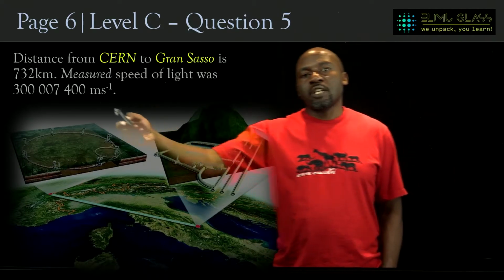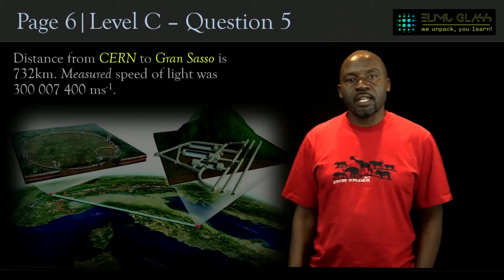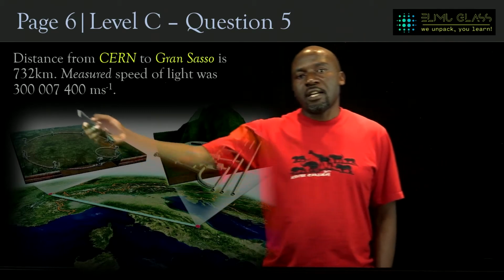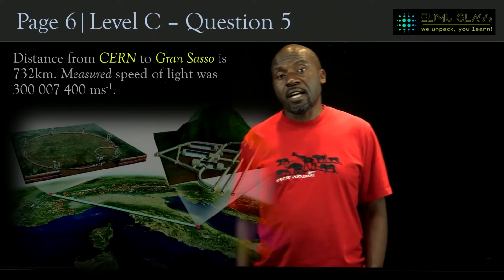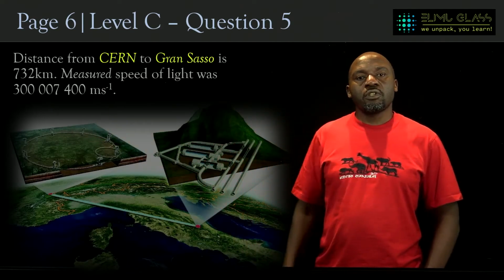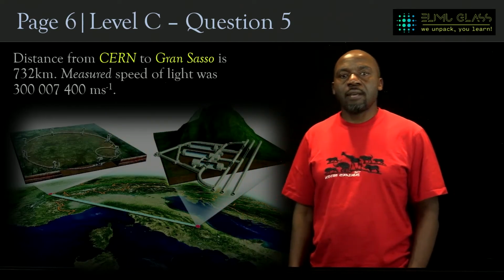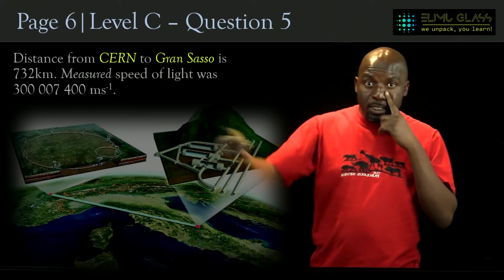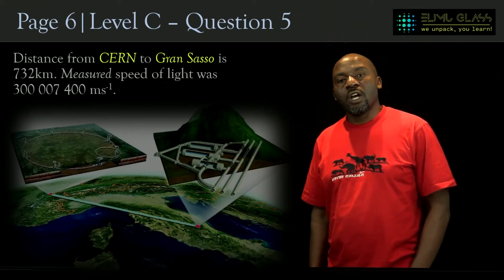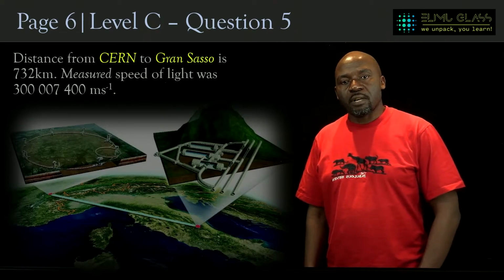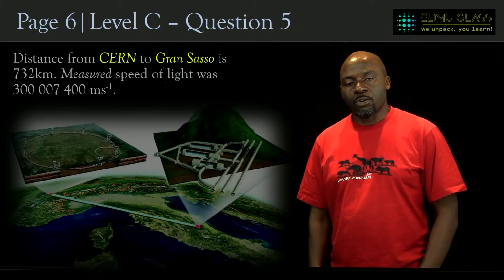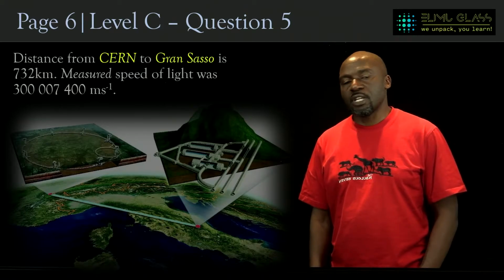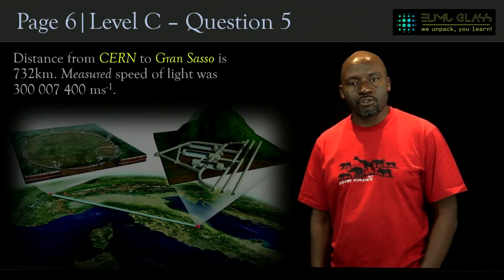But assuming that we work with the calculations that they found, that over 732 kilometers, neutrinos were traveling at that speed, the question you're being asked is to find the time it takes using this data. How long does it take for a neutrino, which is a fundamental particle? Neutrinos would be smaller than electrons, smaller than atoms, definitely smaller than protons and neutrons.